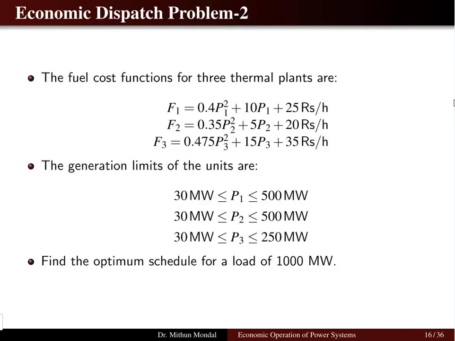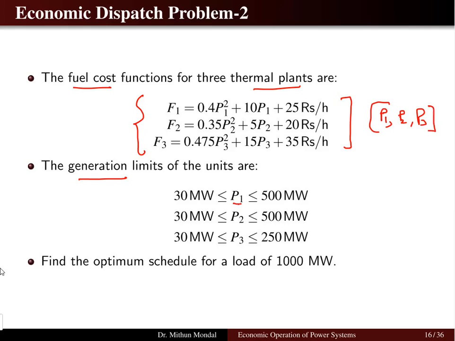Let us take the second problem, which is the generating limit problem. Here we have 3 thermal plants, and the expressions of their fuel cost are given. We have 3 variables now, P1, P2 and P3, which are the powers of each individual plant.